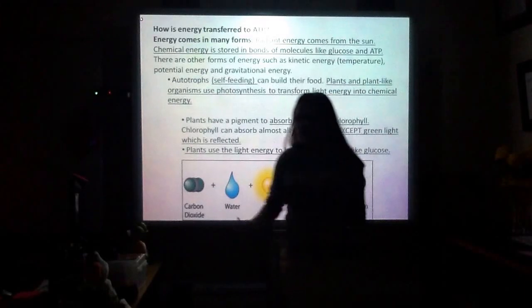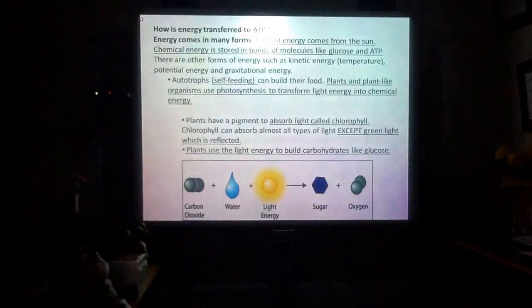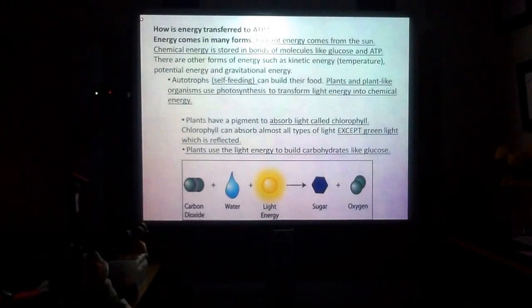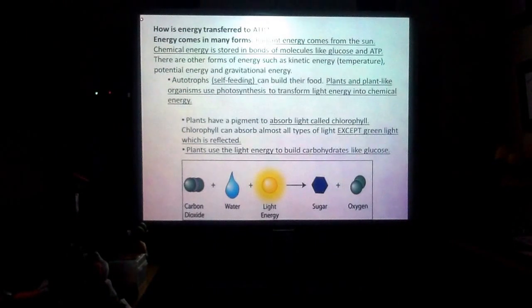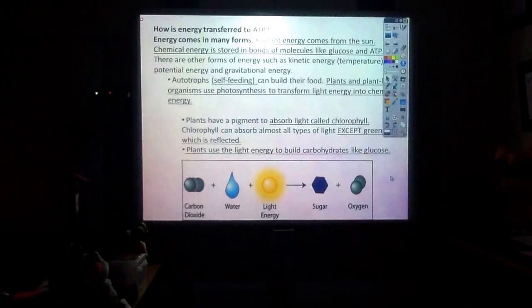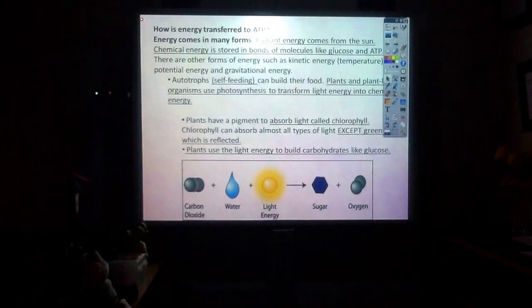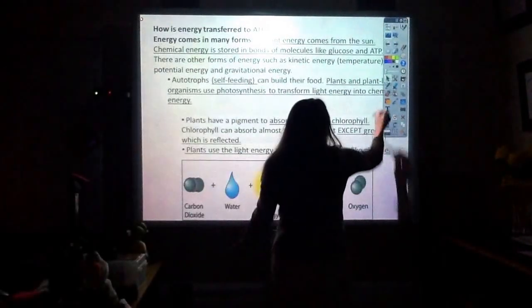If something is reflected, that means that it's not used. So we want to make a note there where it says except green light, which is reflected.